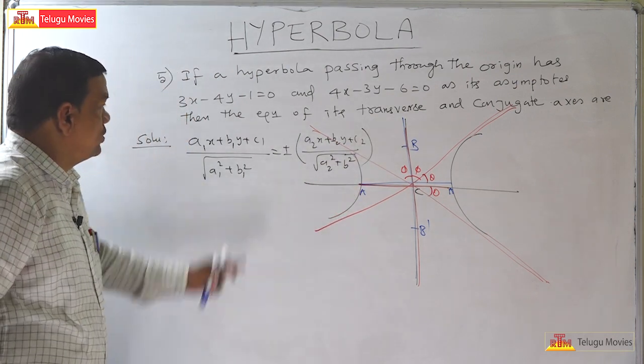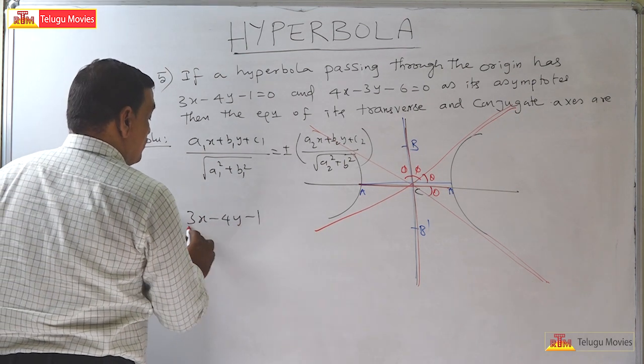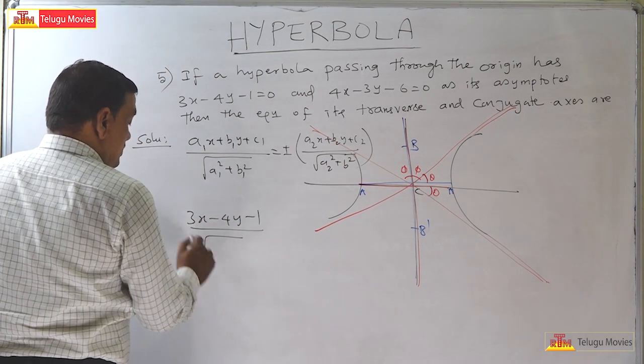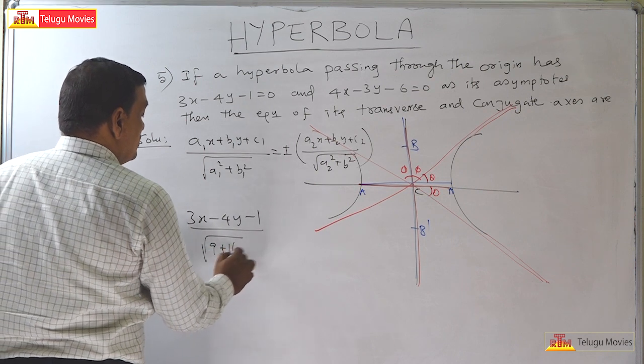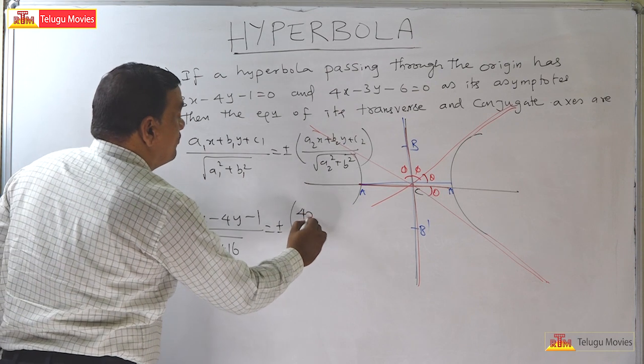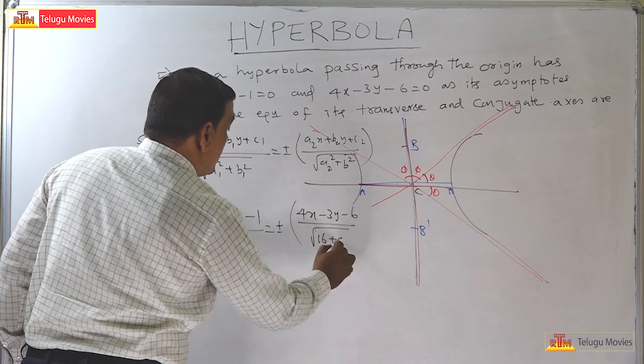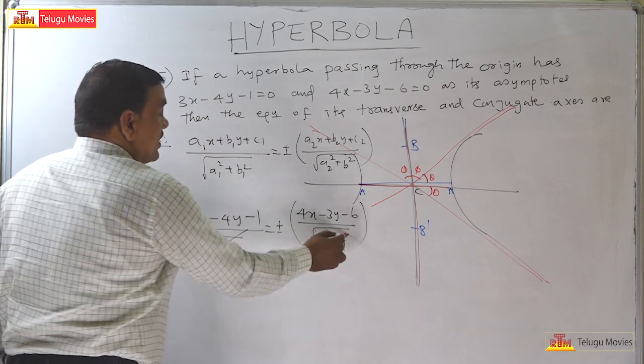So substitute here. This is equal to (3x minus 4y minus 1) divided by the square root of 9 plus 16, equals plus or minus (4x minus 3y minus 6) divided by the square root of 16 plus 9. So these two you can cancel.